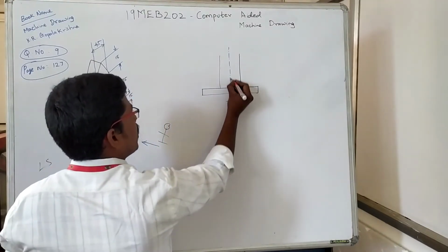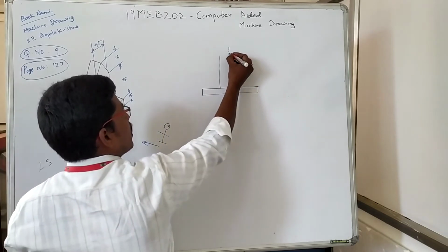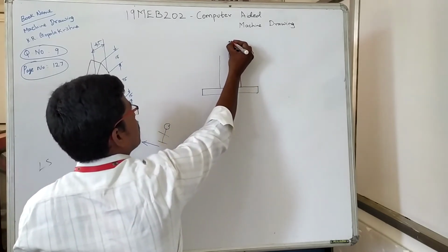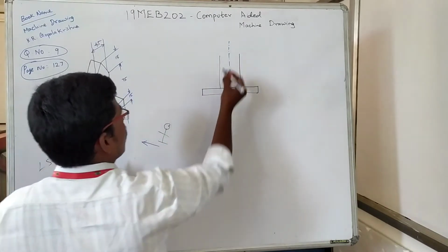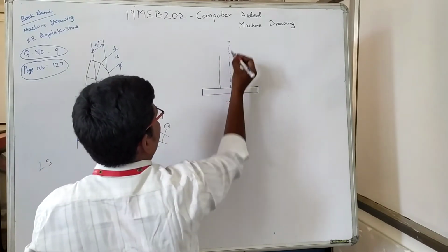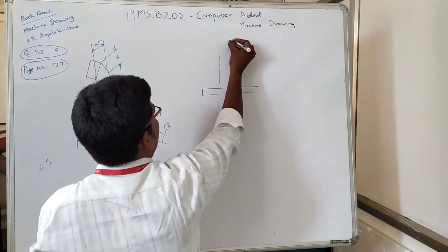From this point to this point is 75 millimeter, and again from this point to this point is 15 millimeter. So I have a measurement of 75 from here to here and 15 from here to here.